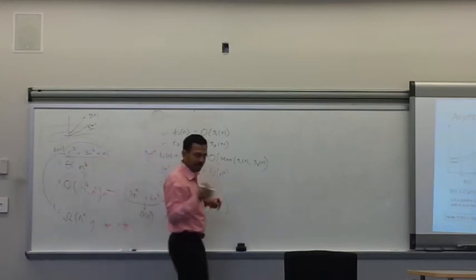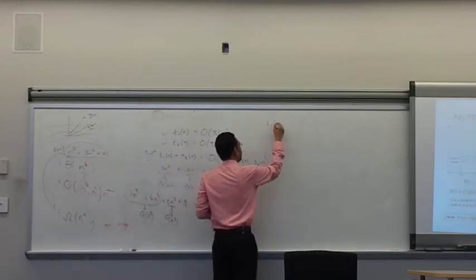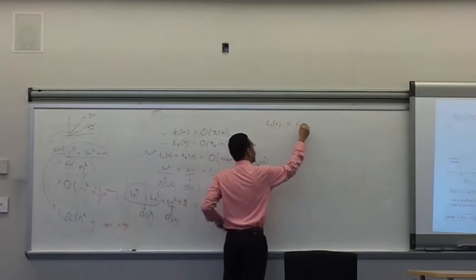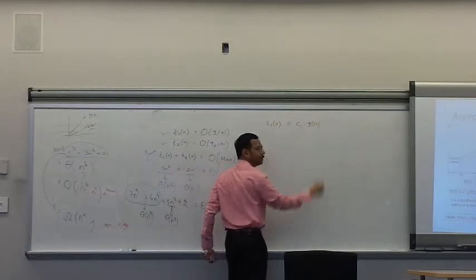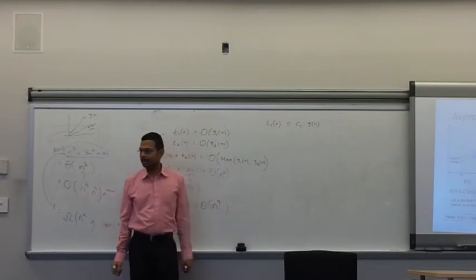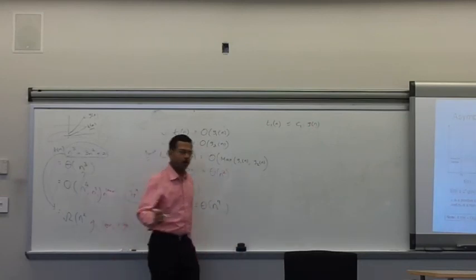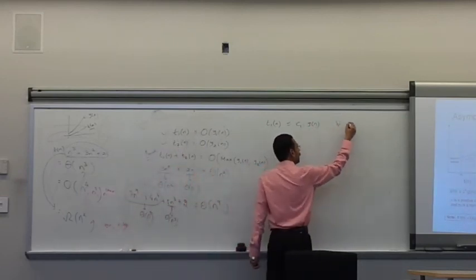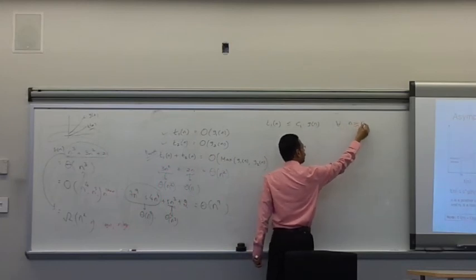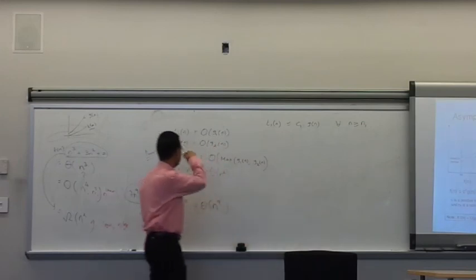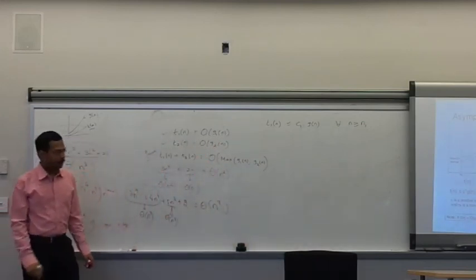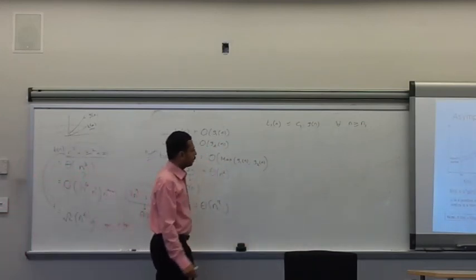Some constant times G of n, right? So I can say this is less than or equal to some constant times G of n, for n greater than or equal to, let's introduce some n1, because we have two functions here.